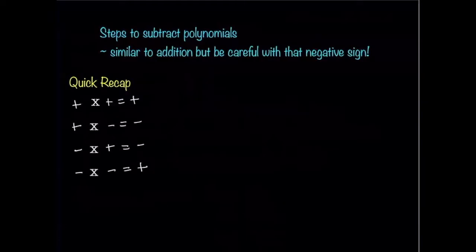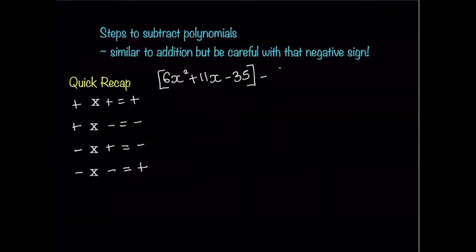So for example, let's say I told you to use the same polynomials I gave you before, but now I want you to subtract them. So subtract, I'm going to put it in brackets here, just so that you know what is being subtracted from what. So subtract 6x squared plus 11x minus 35, and do this minus 2x squared minus 4x minus 2.